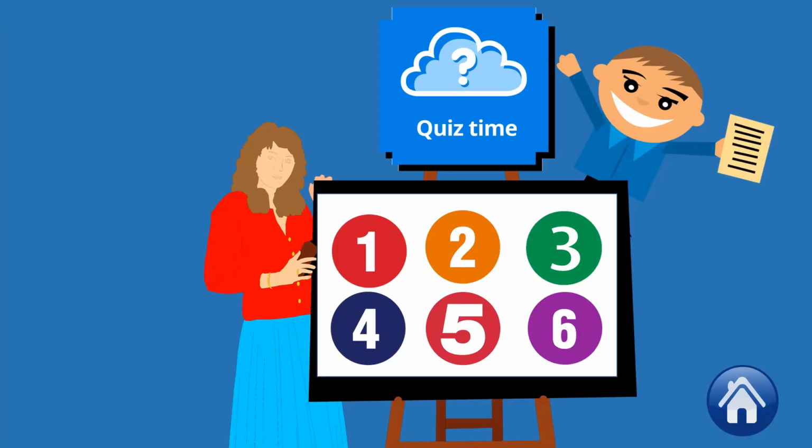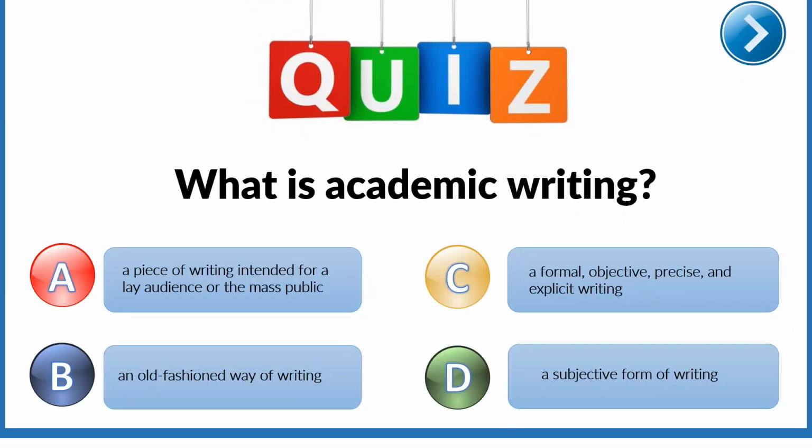Now, let's have a short quiz. For the first item, what is academic writing? A. A piece of writing intended for a lay audience or the mass public. B. An old-fashioned way of writing.